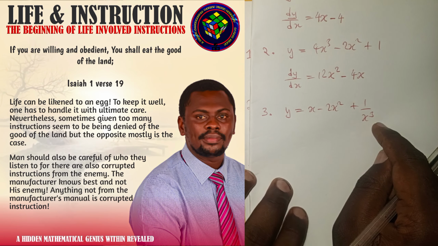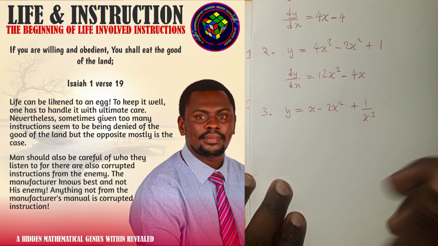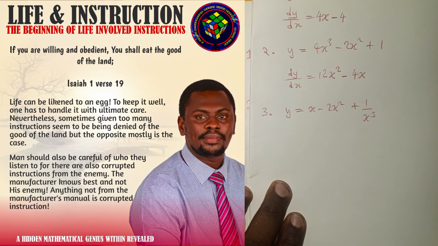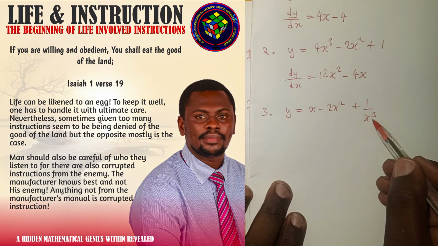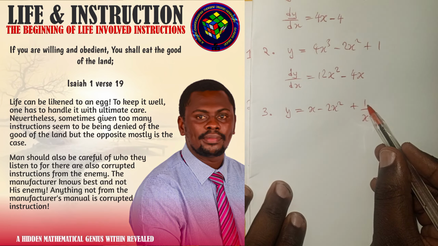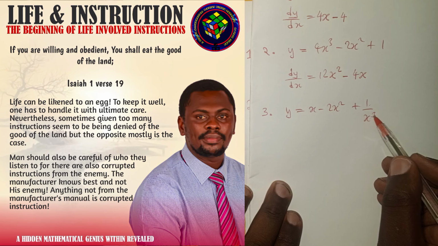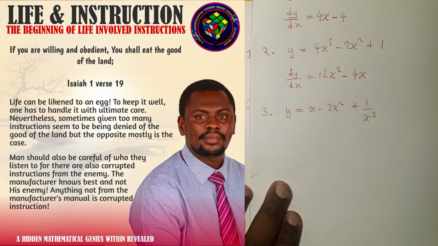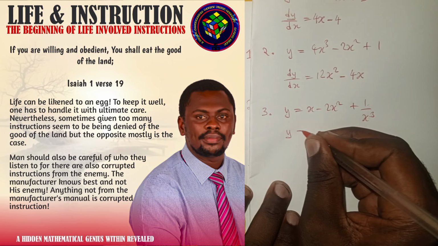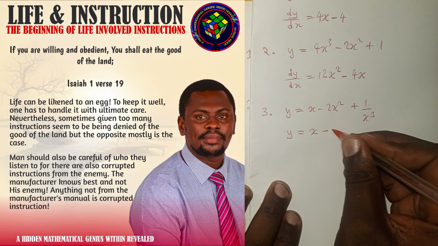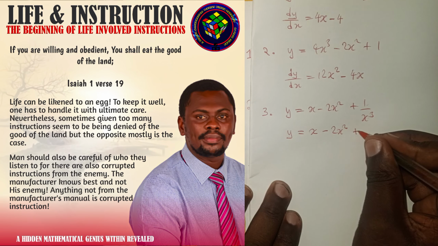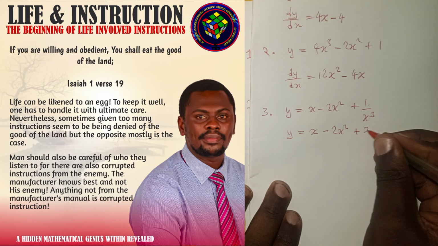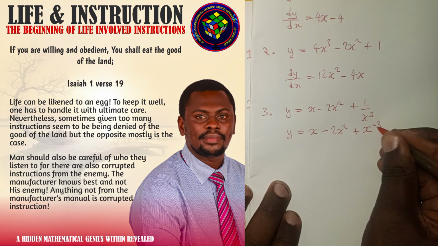So we need to write this in index notation, meaning the x cubed should go upwards to the numerator. So if you go back to indices, we know that if we take this x cubed upwards, then the sign will change. Here it is positive, then on the numerator it will be a negative power. So we're going to have y is equal to x minus 2x squared plus x to the power negative 3.